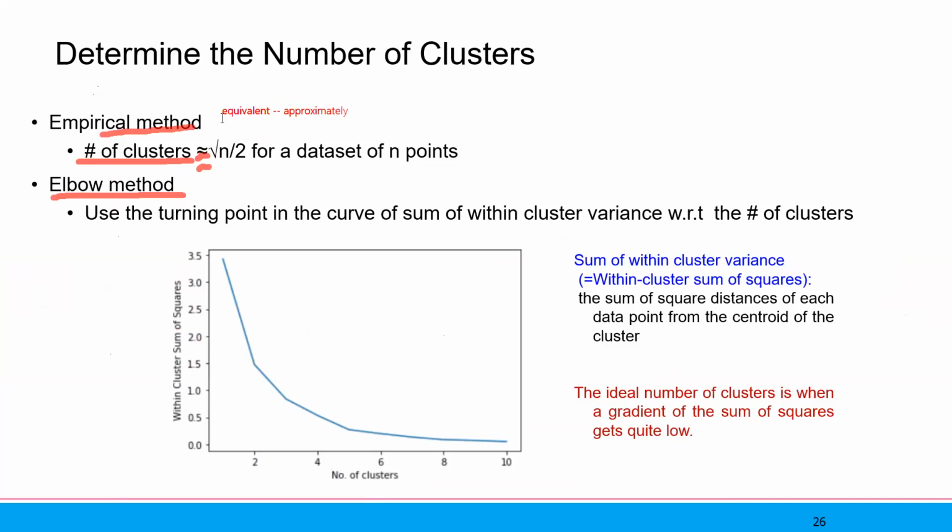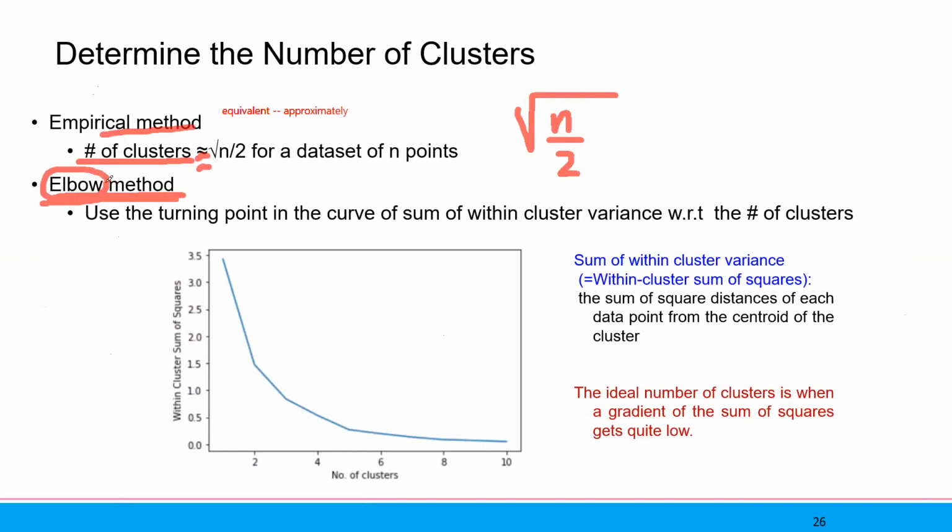So it is not precise, but we can just make an approximation. The approximate measure is the square root of n divided by 2. It is based on the empirical method, and we can measure with the elbow method. Do you know what is elbow?